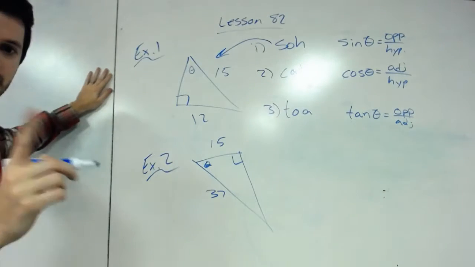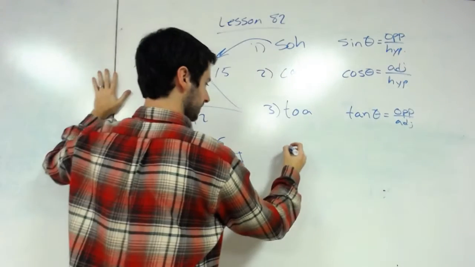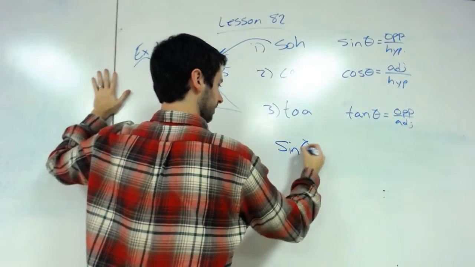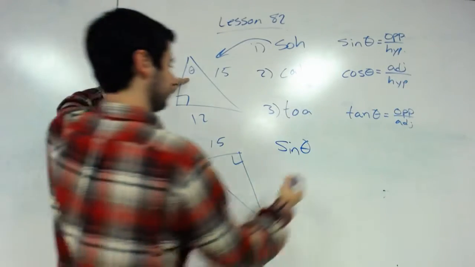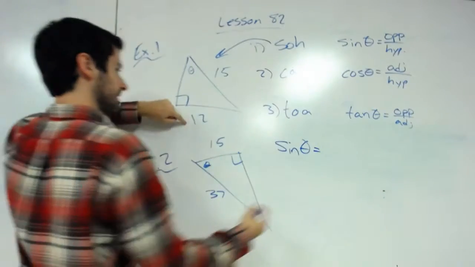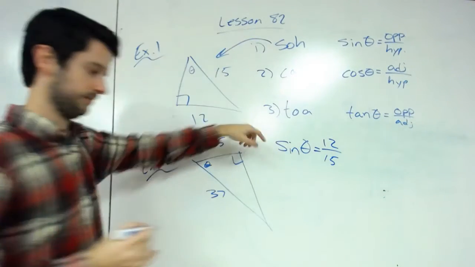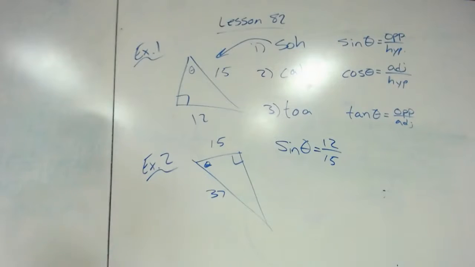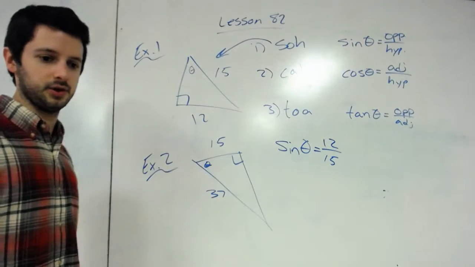Now here's how you plug it in. We're solving for theta, so sine of theta equals opposite, that's 12, over hypotenuse, 15. So we're at sine of theta equals 12 over 15. I can reduce that if I would like, but you don't have to.